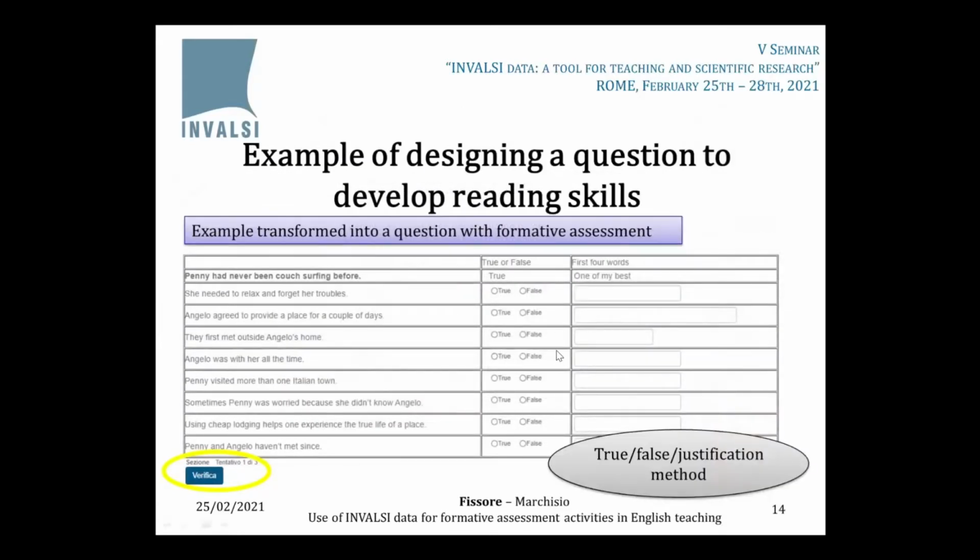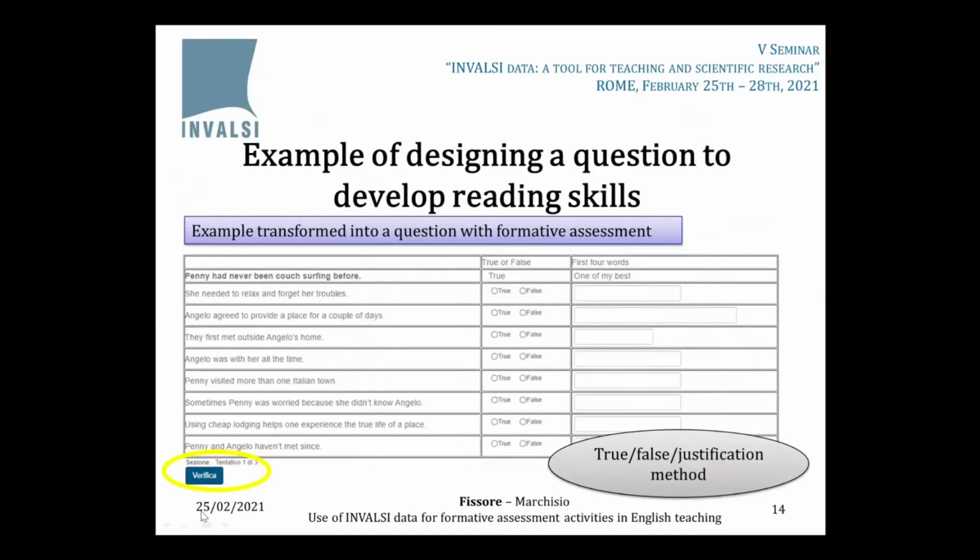In this slide, there is the previous example transformed into a question for formative assessment with the use of the automatic assessment system. In the first part of the question, the same INVALSI question is reported.